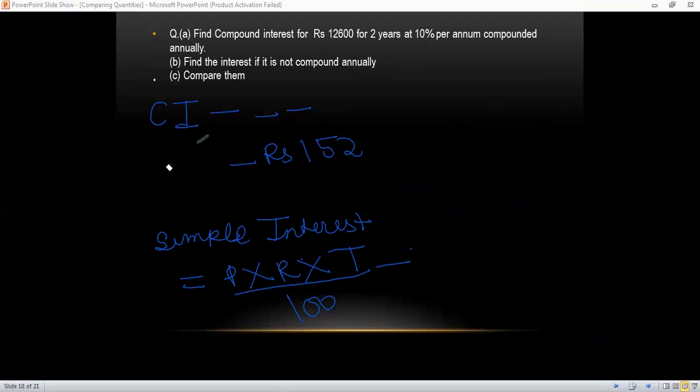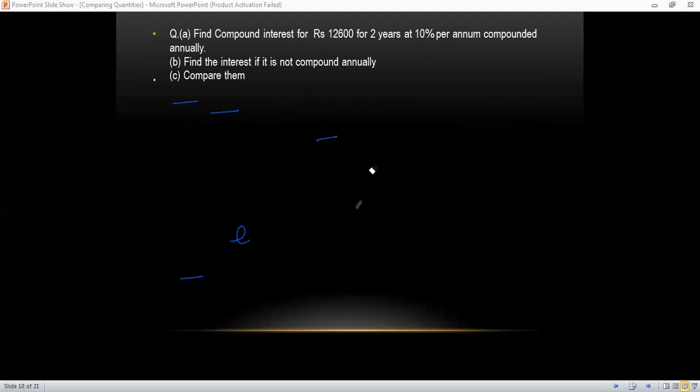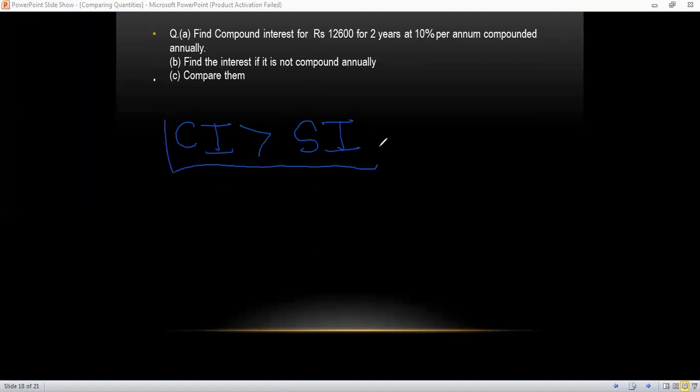So we will compare both the numbers. It is clear from what we have seen that compound interest is greater than simple interest. So that's why compound interest is better than simple interest. And in banks, mostly they use compound interest.